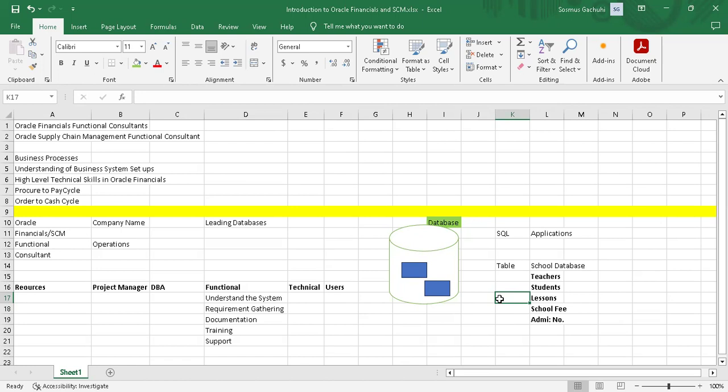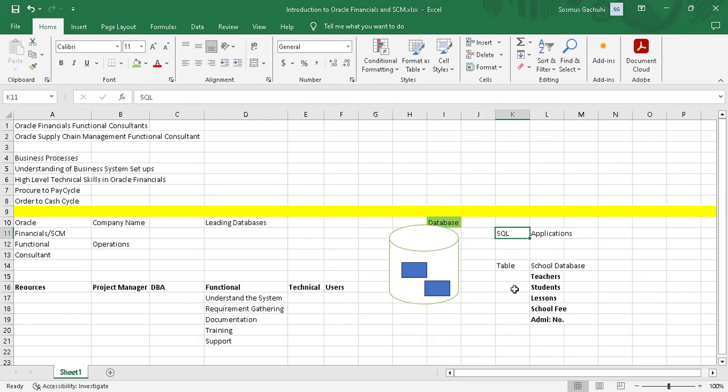But for the purpose of understanding the idea I'm trying to bring home, in those early days, when the database was innovated, there were no applications. The only way you could store data was through SQL. Then applications came, and Oracle came with the idea of keying in data from the front end without the use of SQL.